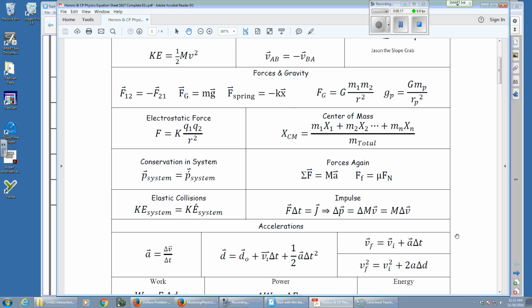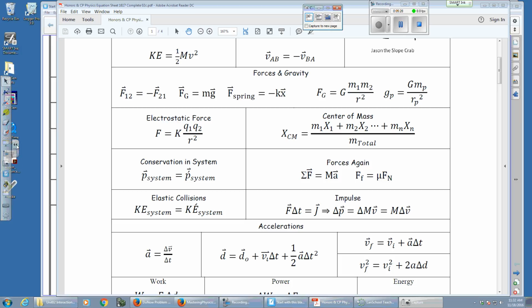Good. They're on the same site you go to read the book. Anybody?